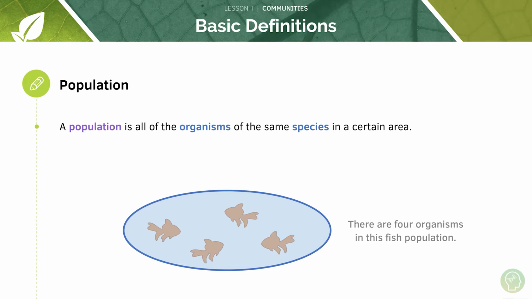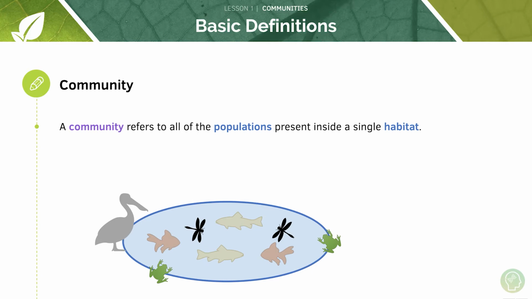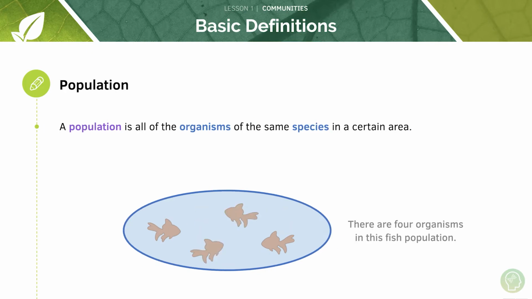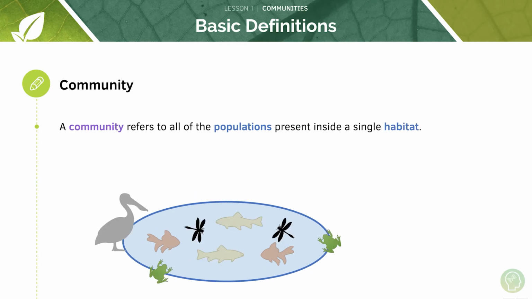Now, to take into account different species, we use the word community, because a community refers to all of the populations present inside a single habitat. Do you get that difference? A population, if we go back to the last slide, is all of the organisms of the same species.